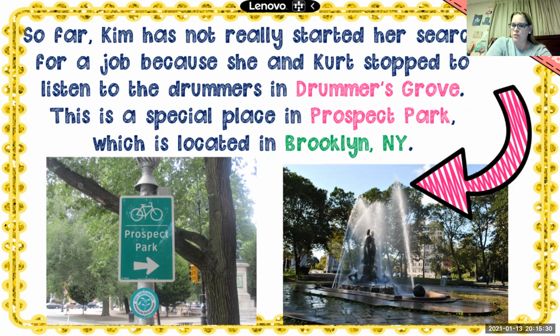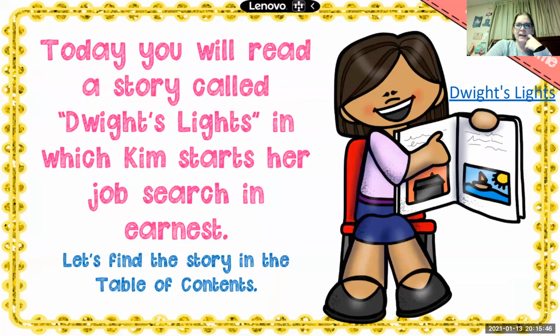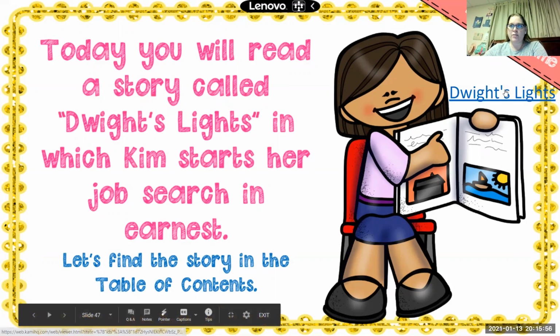And remember that Drummers Grove is a special place in Prospect Park, which is located in Brooklyn, New York. And these are actual photographs of Prospect Park. It's a real place. So today we're going to read a story called Dwight's Lights, in which Kim starts her job search in earnest. That means she starts really looking hard for a job.